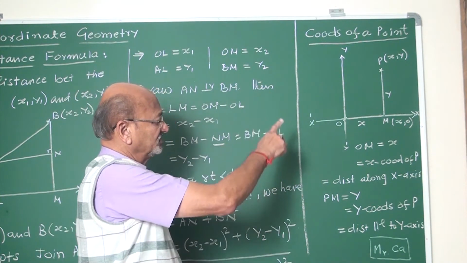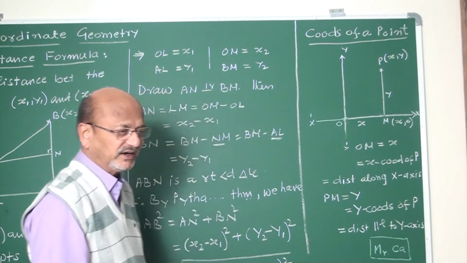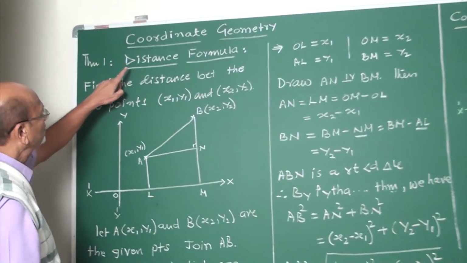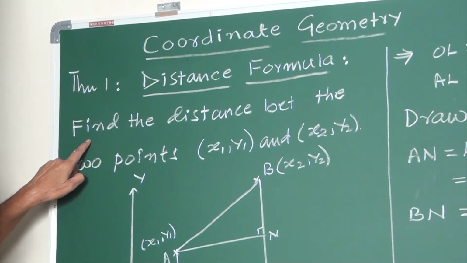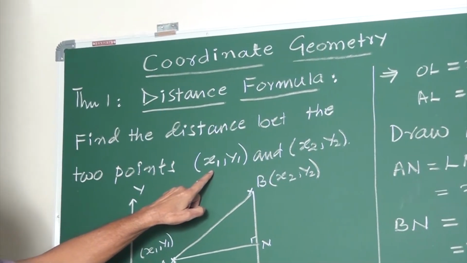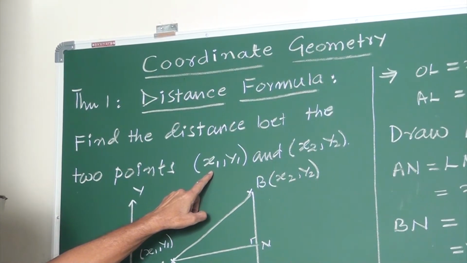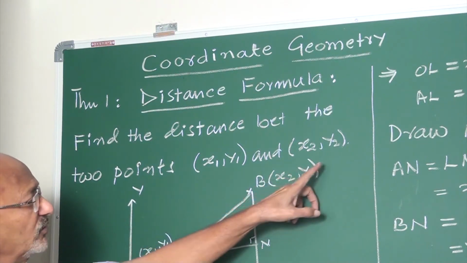My friends, this is the basic. Then everything is told. Next come the theorems. First one: the distance formula. Obtain the relation, that is, find the distance between the two points x1, y1 and x2, y2. I told you in the previous video that the coordinates of fixed points are denoted by x1, y1 and x2, y2.